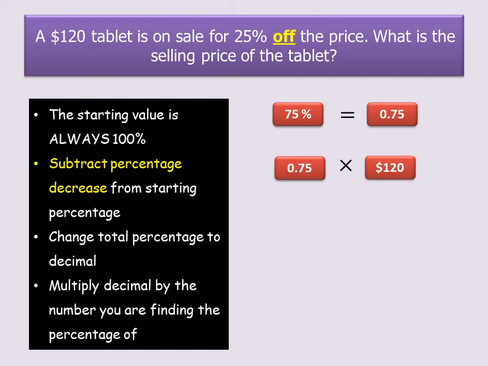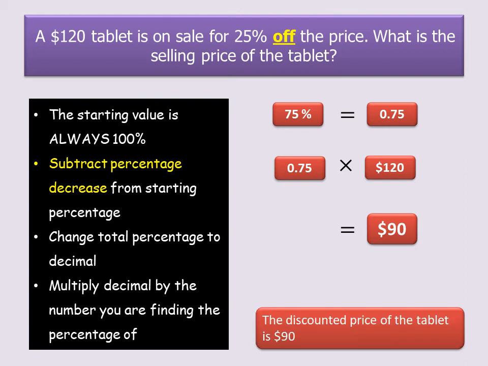So we say 0.75 times 120, and that gives us $90. So that means the discounted price of the tablet is $90. Isn't that amazing? That's one quick step. You don't have to worry about writing the percentage as a fraction or canceling.